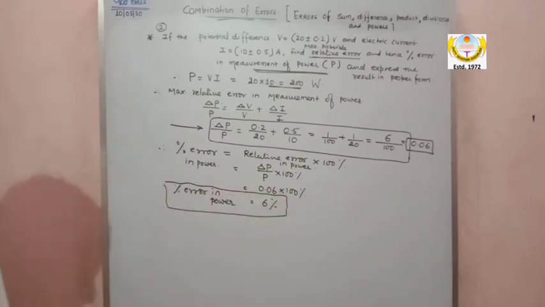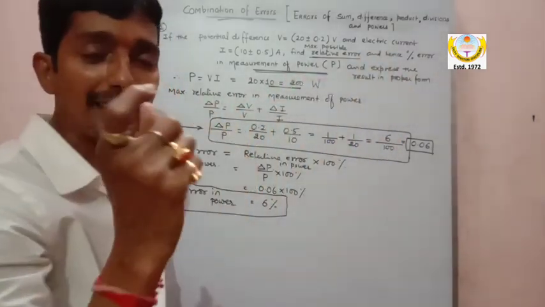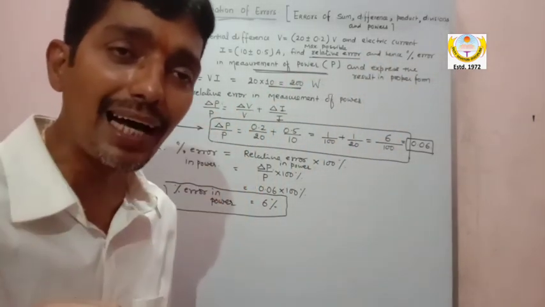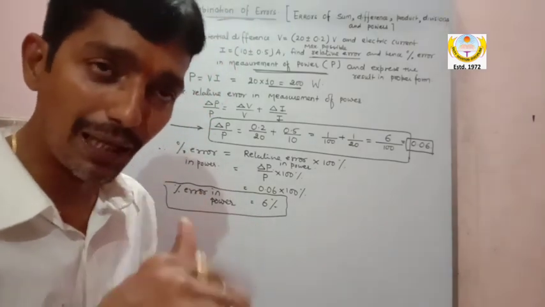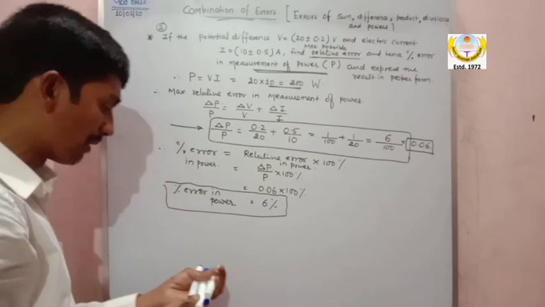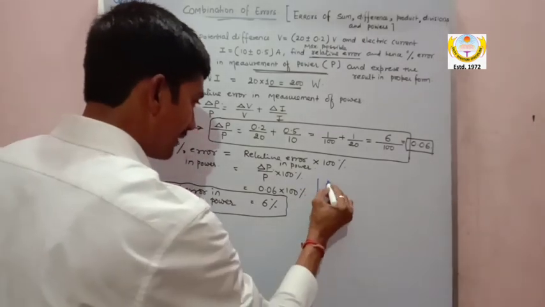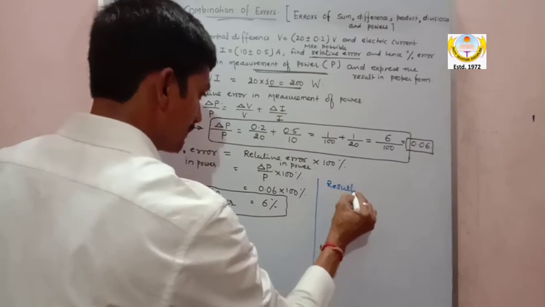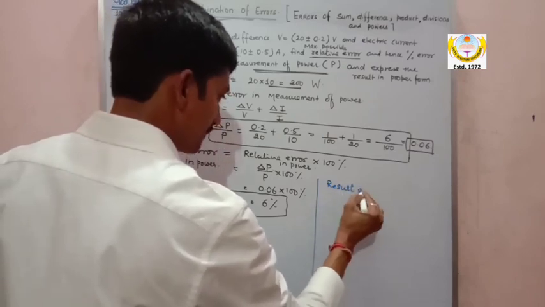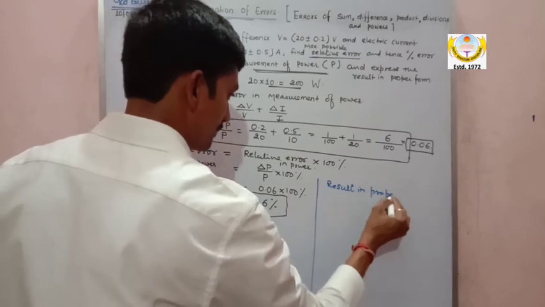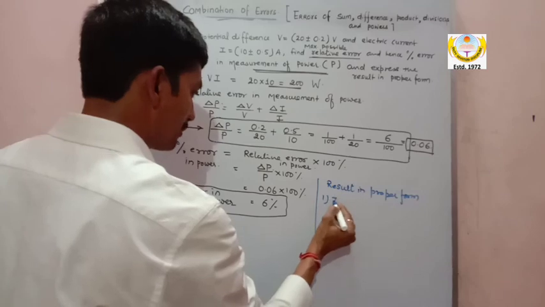Now, my dear, the question asks us to write the result in proper form. As I told you, proper form means writing the answer with the true value along with the error value with a plus minus sign. So what is the proper form of the result? Here I am writing the result in proper form.